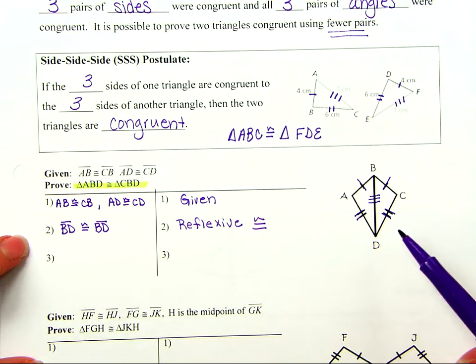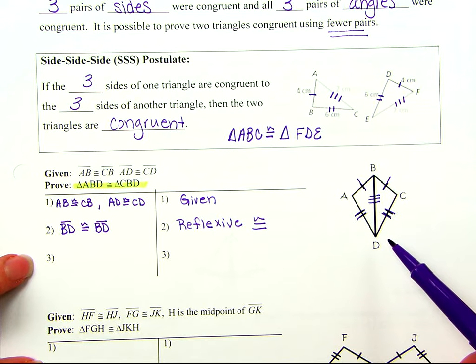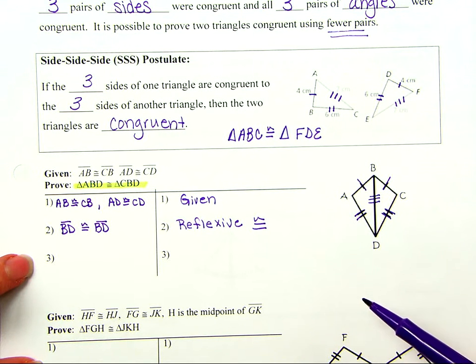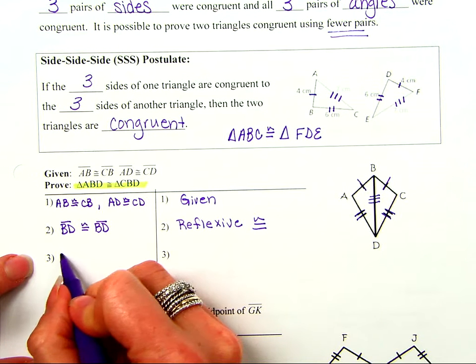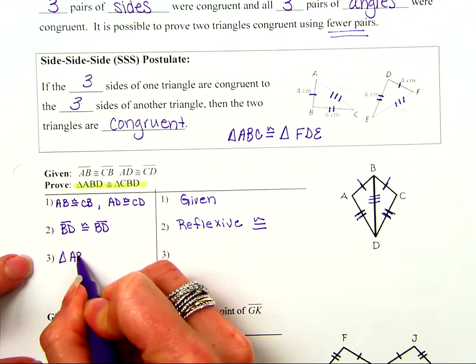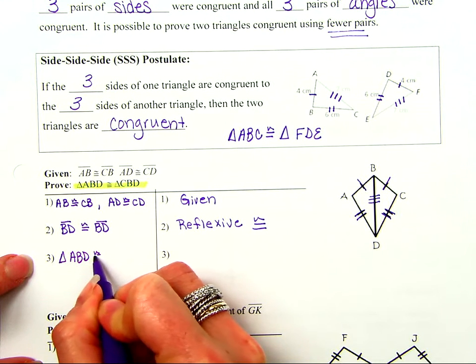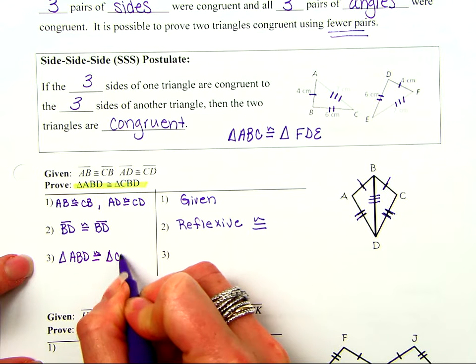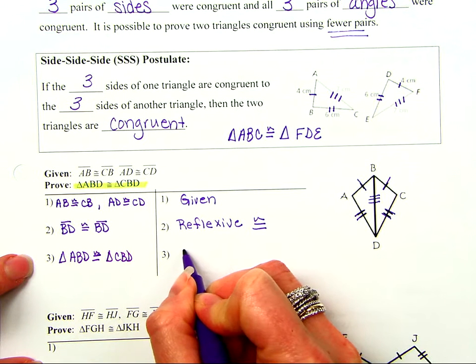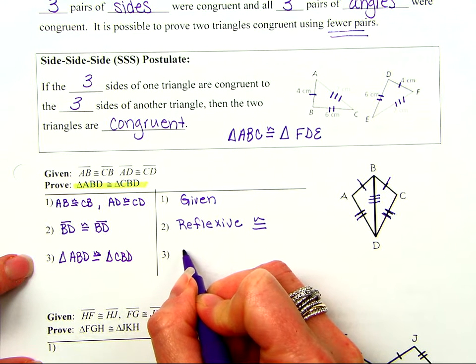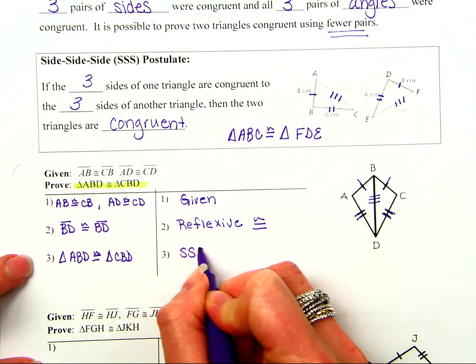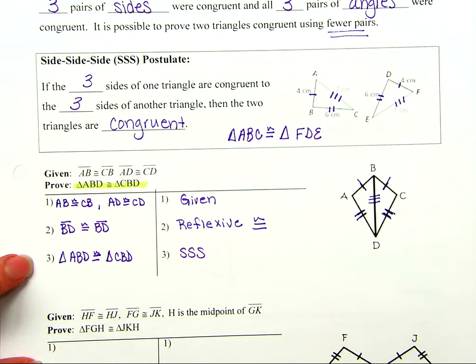Now, if you take a look at my diagram, my two triangles are showing me the side-side-side shortcut. So I can go ahead and say, well, triangle ABD must be congruent to triangle CBD, not by definition of congruent triangles, but by the side-side-side postulate.